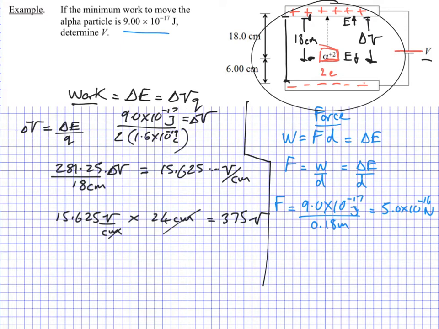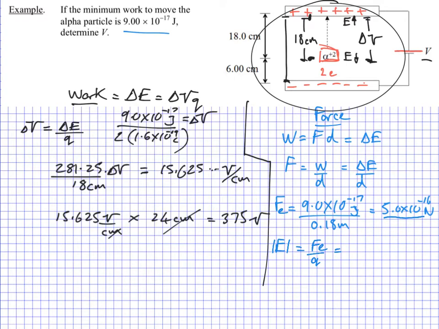And we know that the electric field is Fe over Q. So this is the electric force that I have to overcome. I'm going to put that in and divide it by Q, and that's going to give me the electric field. So plug that into your calculator.